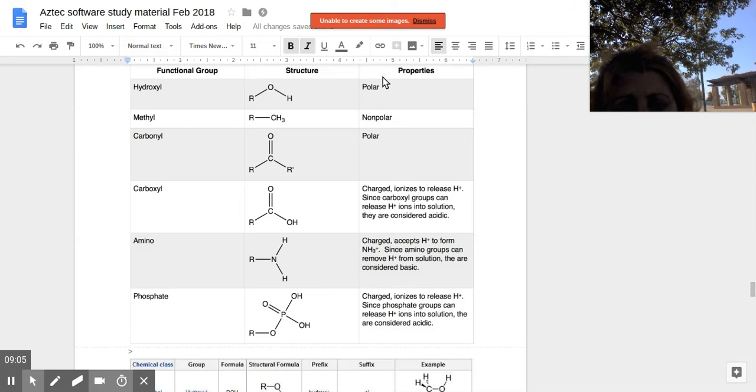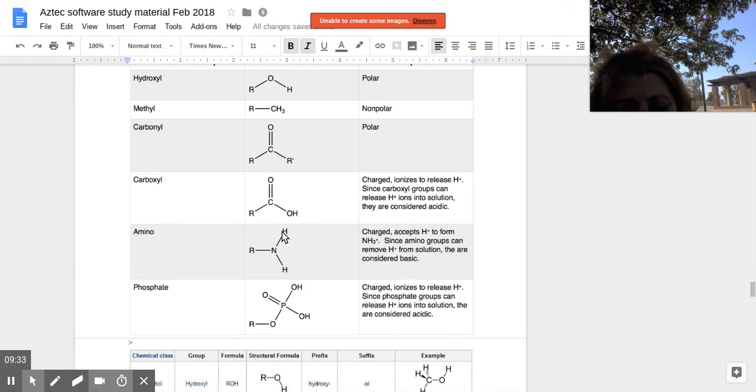So showing the polarities, hydroxyl methyl, CH3 group is nonpolar. Hydroxyl is polar. Carbonyl is polar. C double bound O. Carboxyl charged. The COOH group ionizes to release hydrogen ions into solution, and it's acidic.